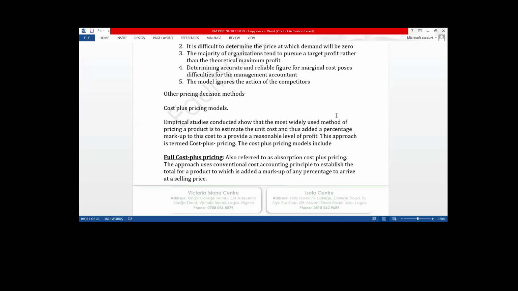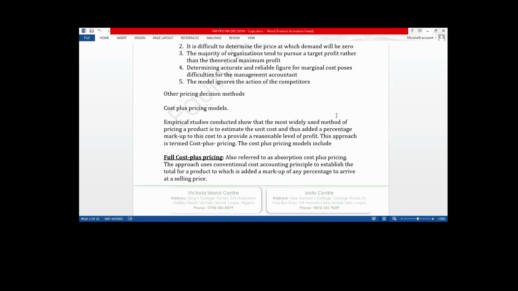This method is also known as the absorption cost pricing method.